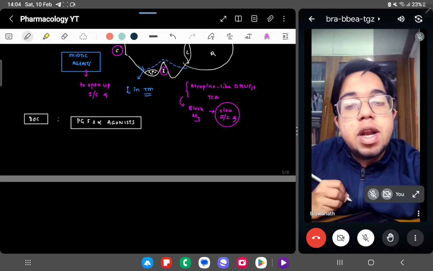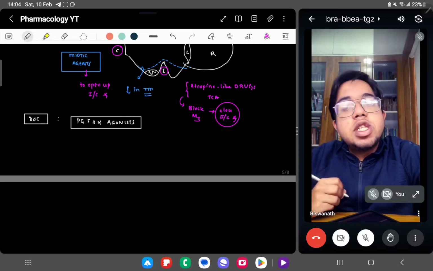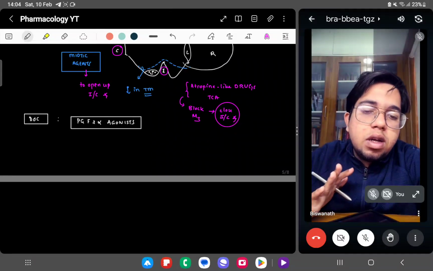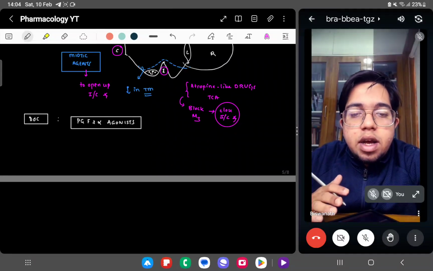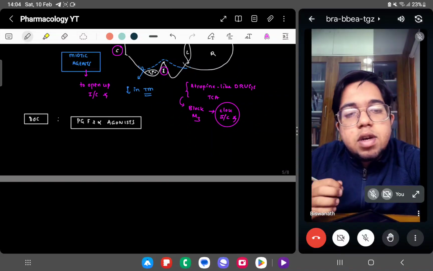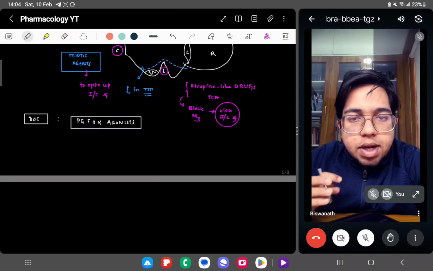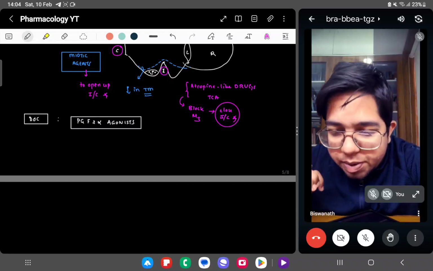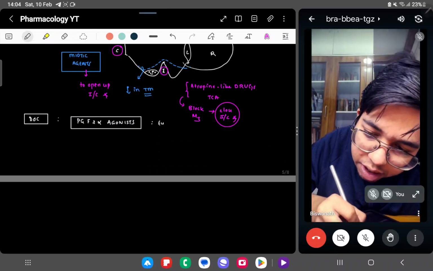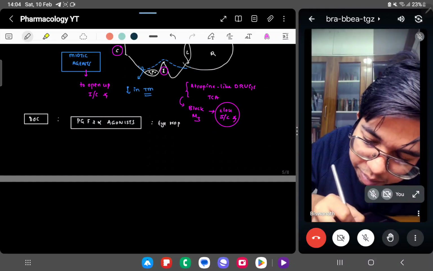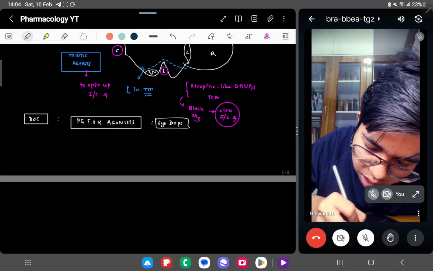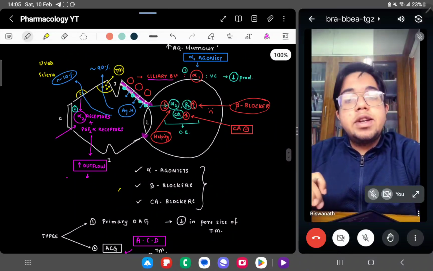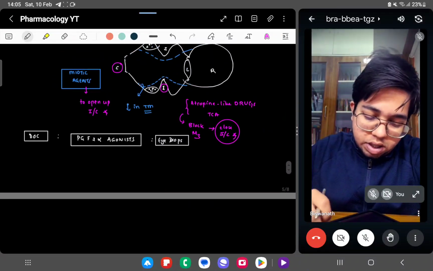If this works well and fine, good. If this doesn't work, we'll combine it with other drugs as well. These prostaglandin F2 alpha agonists are basically given as eye drops.